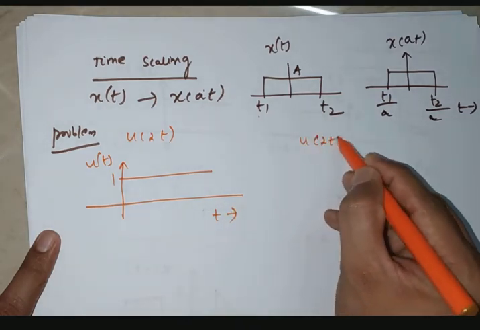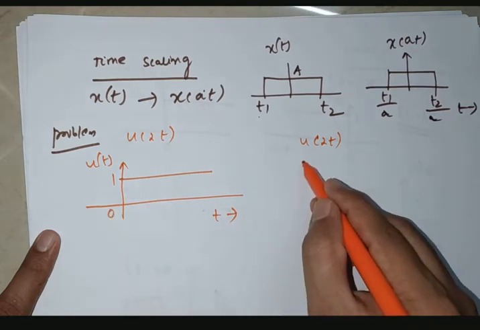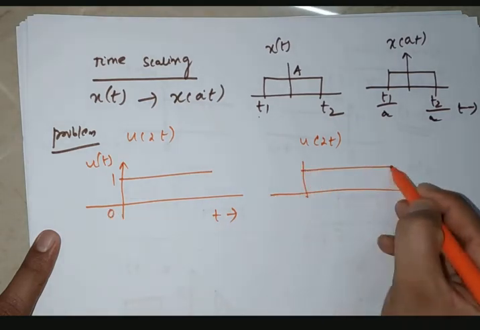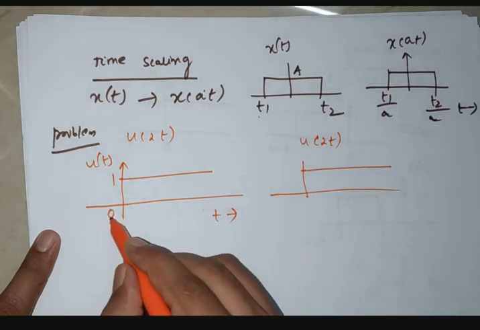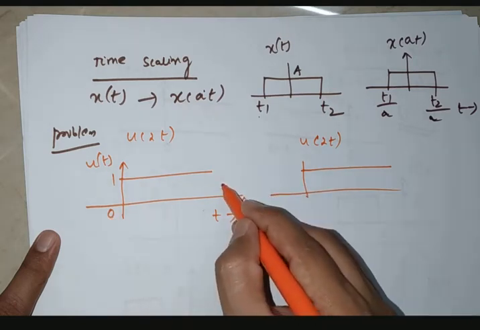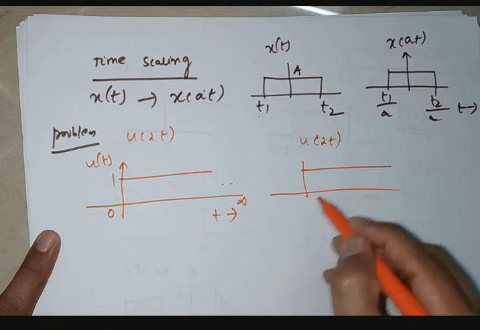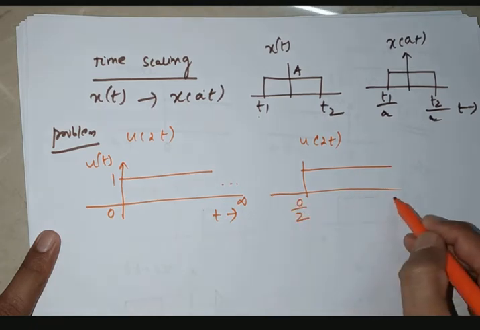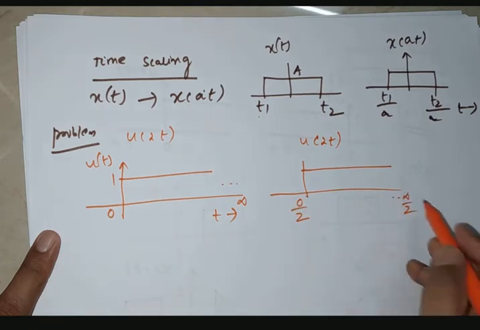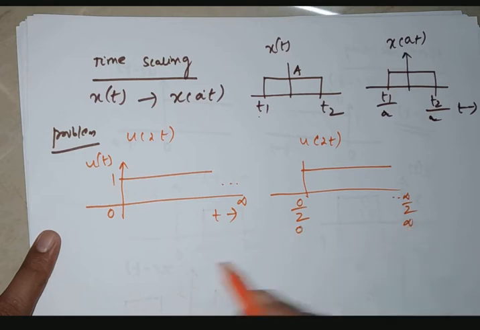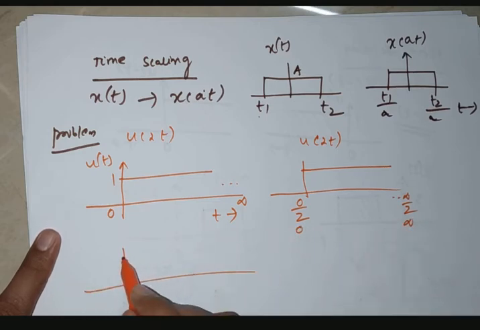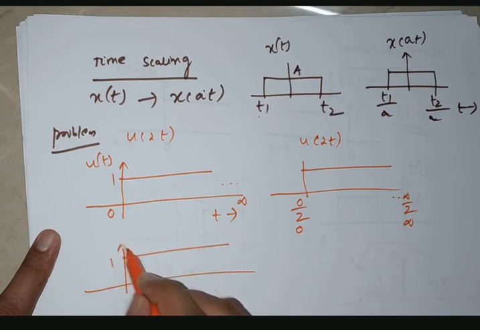The process is to divide the time parameter. The time parameter here is 0, and the other is infinity because it goes like this. So for 2t, it is 0 by 2, and finally infinity by 2. What will we get? The same, 0 to infinity.